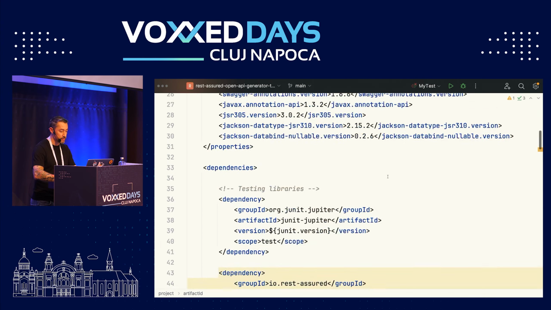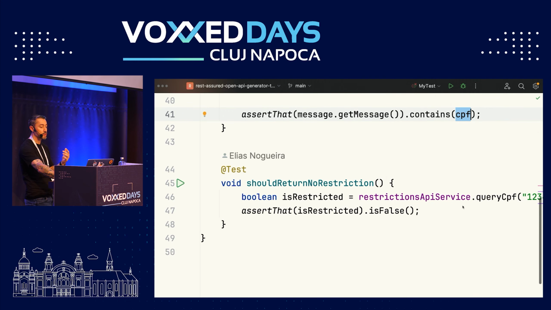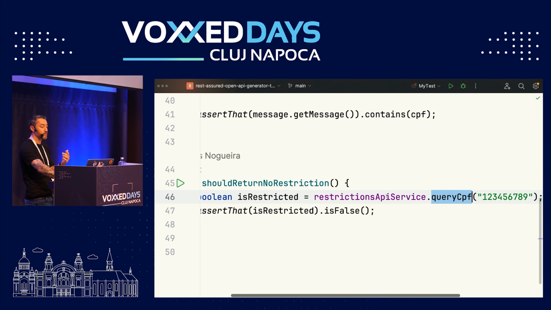So I have this number, and I'm telling, okay, this restriction API service, query CPF without restriction, passing that value, and I will do behind the scenes the object mapping, because RestAssured does this behind the scenes for me, and I will see if the message of it contains that value. Or a different one, when I query a CPF, assert that is restricted is false.